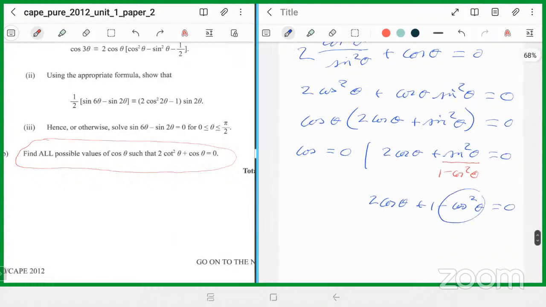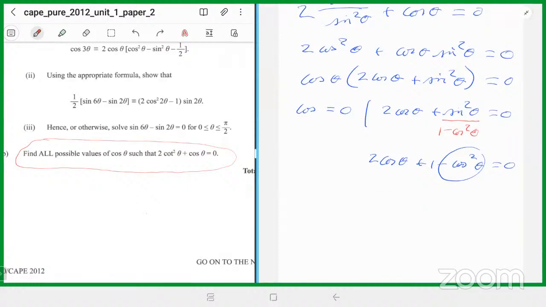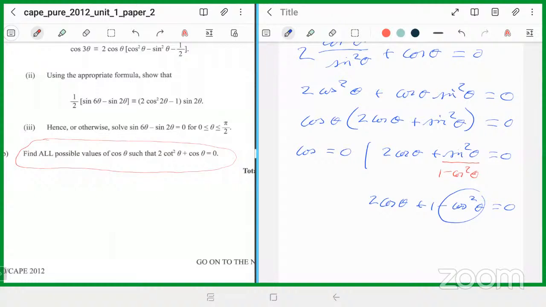To make this term positive, I'm going to multiply by negative 1. So this comes positive, which is cos squared theta, this comes negative, which is minus 2 cos theta, and this becomes minus 1 equals 0.